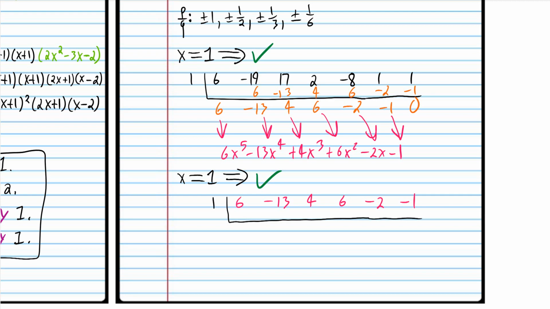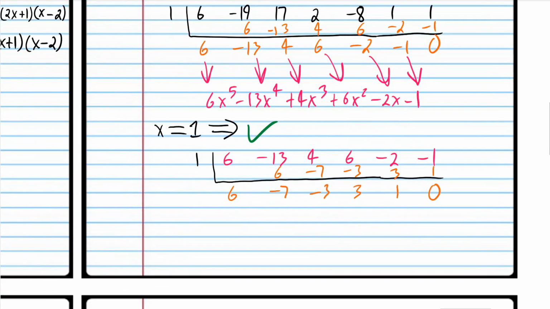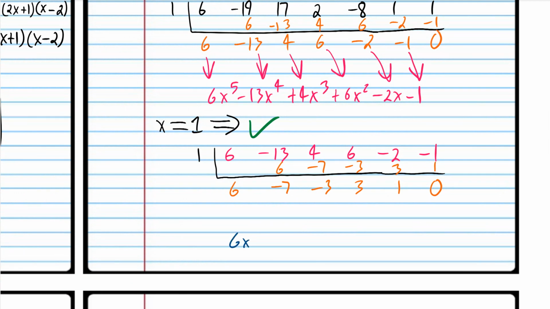So let's do that. And we get 0, so that's a good sign. That means we did it correctly. Let's write the depressed polynomial. So now we have a 4th degree polynomial, 1 less than the degree in the previous step.